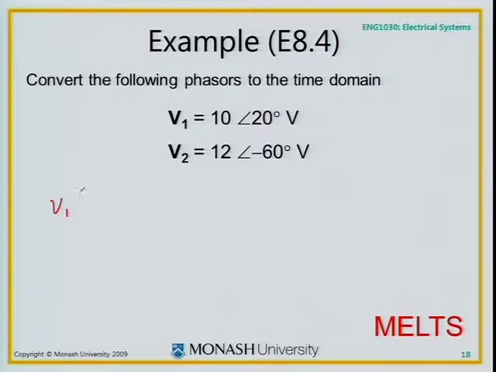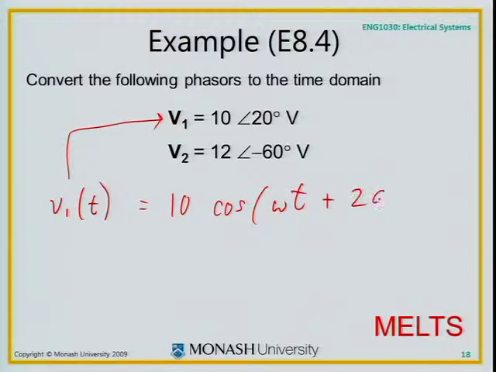So in the time domain, V1 of t corresponding to that phasor is 10 cos omega t plus 20 degrees. The 10 tells me the amplitude, the 20 tells me the phase. It's for cos omega t. I don't know the omega, so I'll just write omega t. The question doesn't tell me the omega.